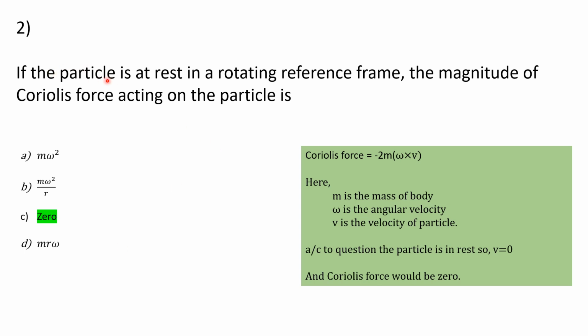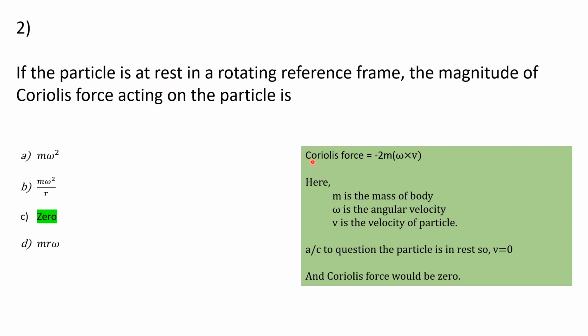Then, if the particle is at rest in a rotating reference frame, the magnitude of the Coriolis force acting on the particle is, and the options are m omega square by r, 0 and m r omega. It asks what the magnitude of the Coriolis force will be when the particle is at rest.